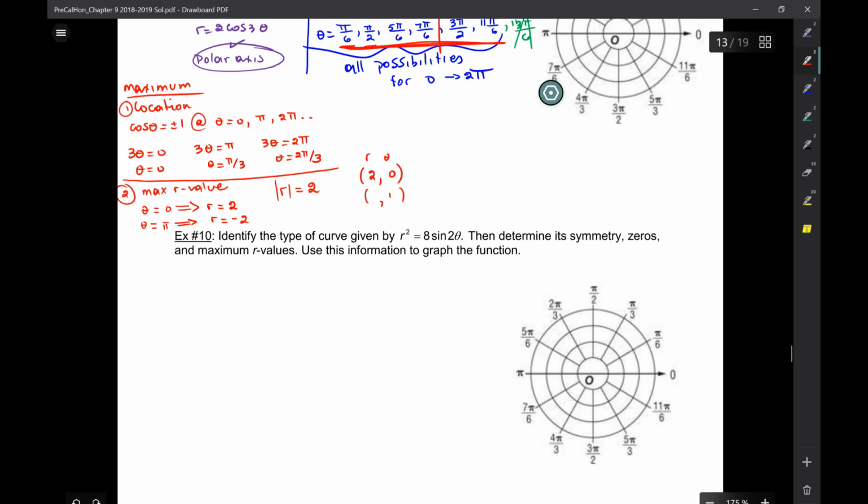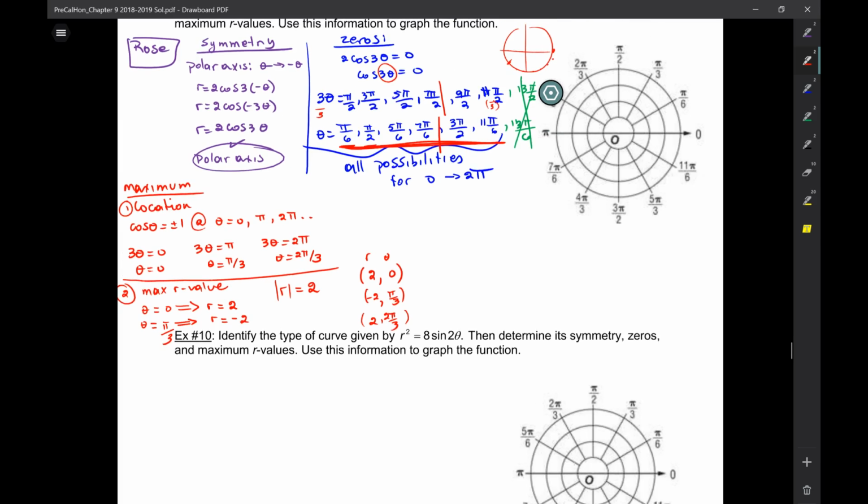When theta is pi over 3, R is negative 2. When theta is 2 pi over 3, R is 2.